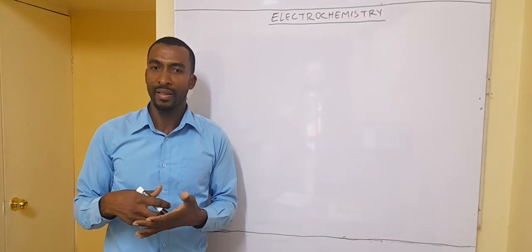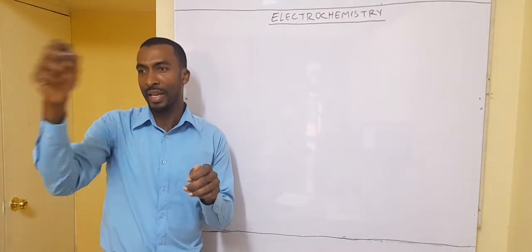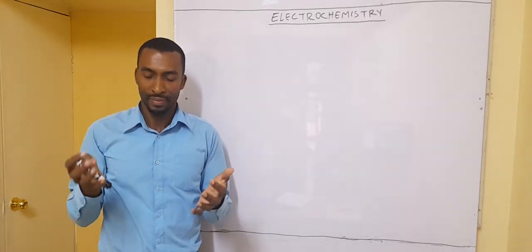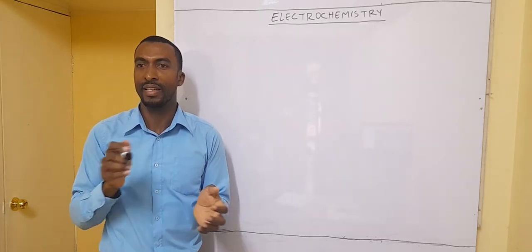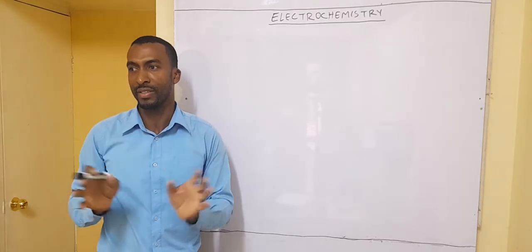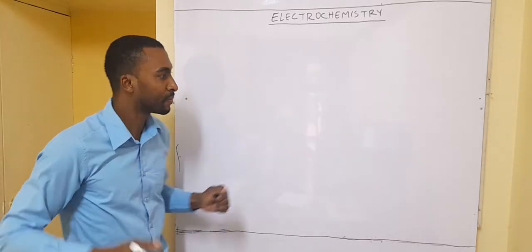In the metal, it is the sea of electrons which is allowing the electricity to pass through that metal, right? But in an electrolyte, molten state, it's actually the cations and the anions decomposing and carrying out a chemical reaction to allow the electricity to pass through, right?